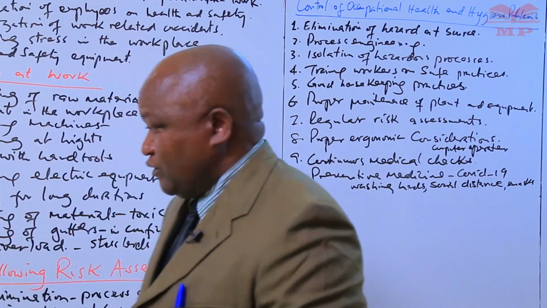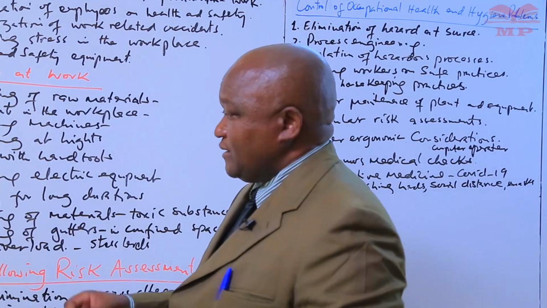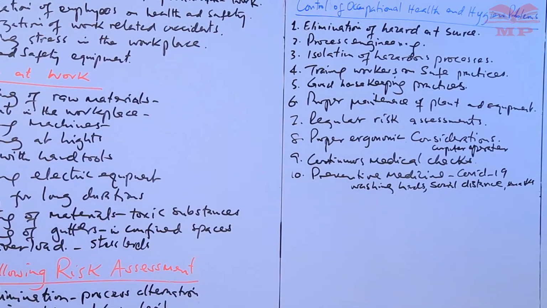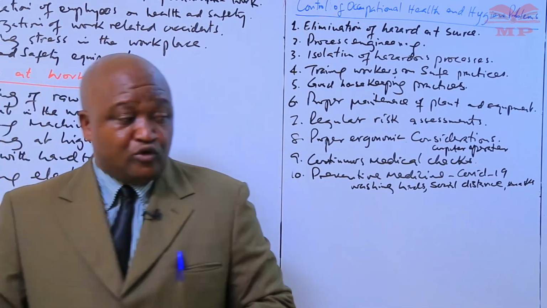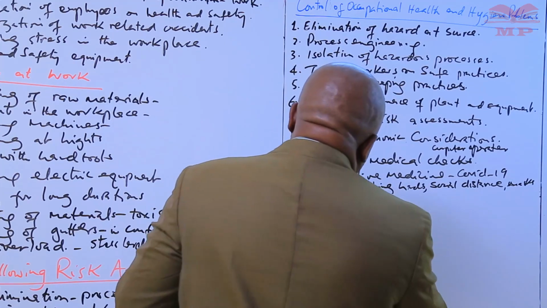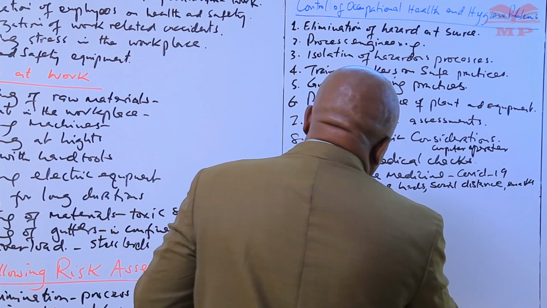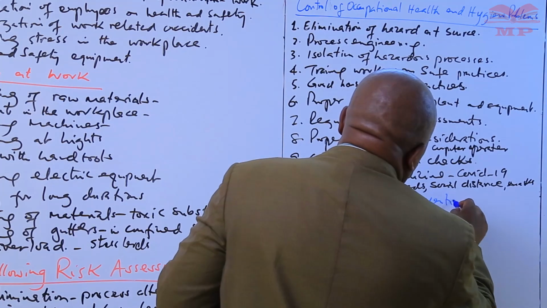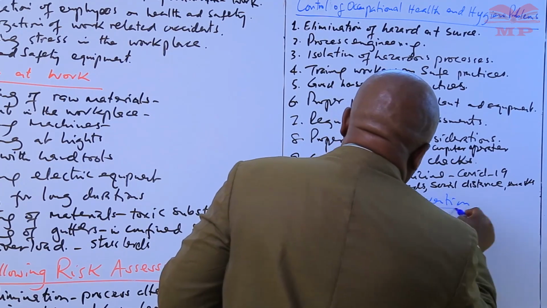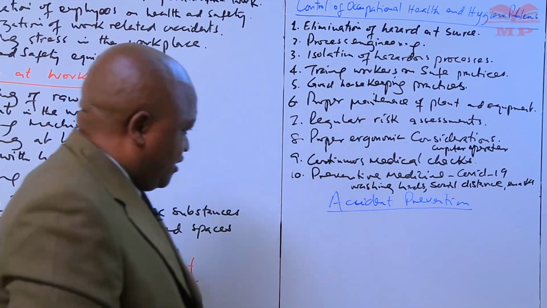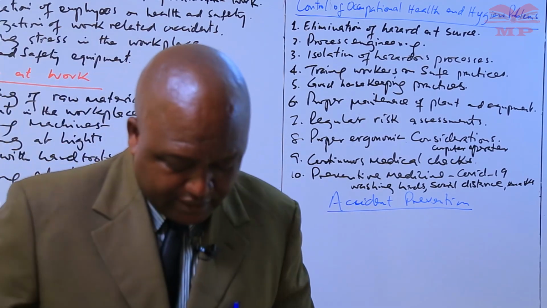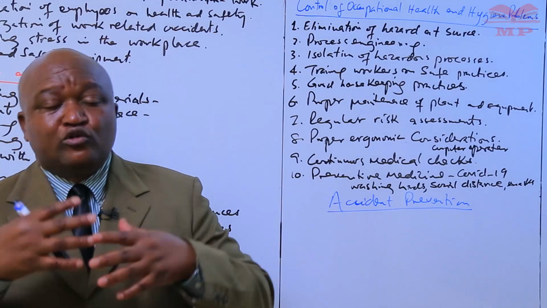Then the other aspect we need to look at, dear learner, is accidents we have said are prevalent within the work environment. So how can we prevent accidents? Accident prevention. So when it comes to accident prevention, there are various measures that could be considered.